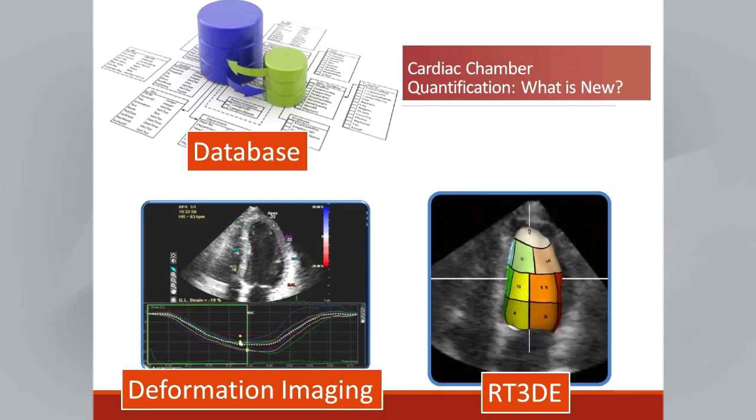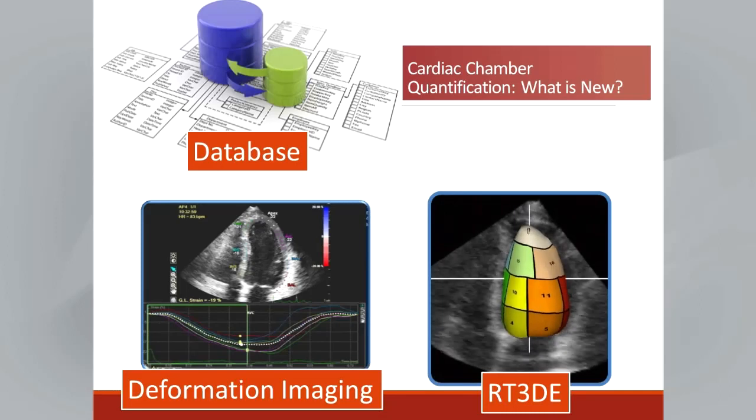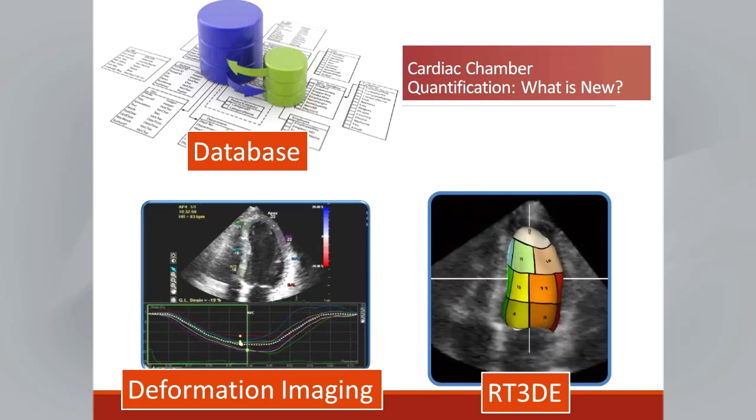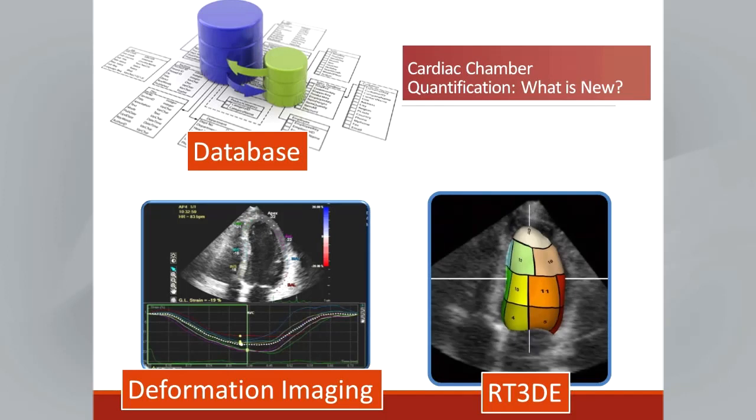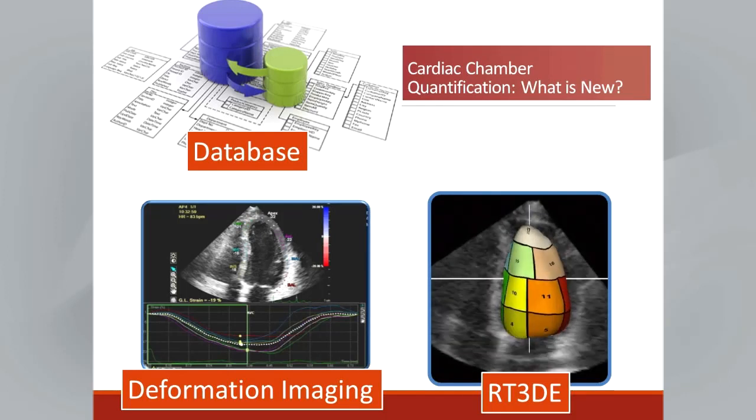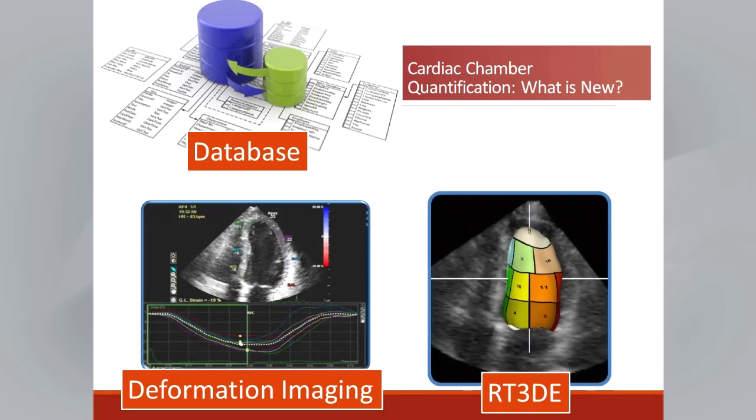Another very important thing to take into consideration is that in the last document, a lot of these normal values were obtained by a consensus of experts. We called people at different labs and asked what the normal values are, and then we averaged them, and that is how many of these numbers came about.